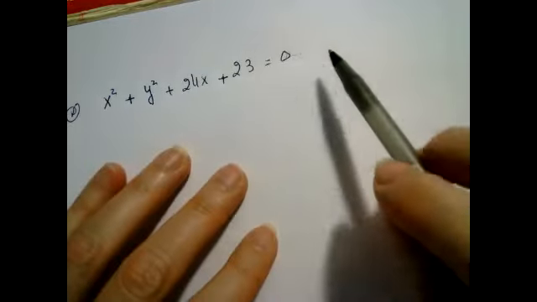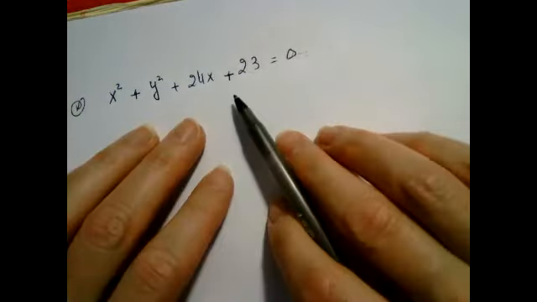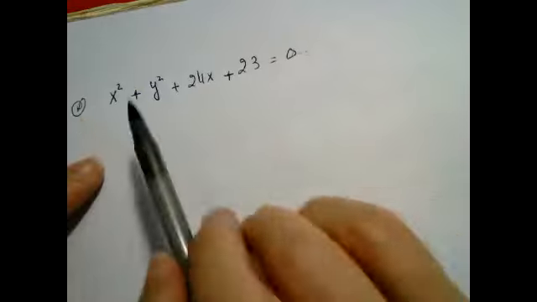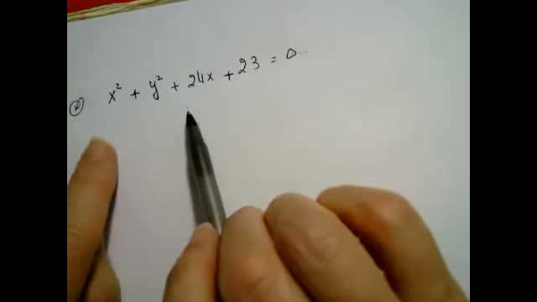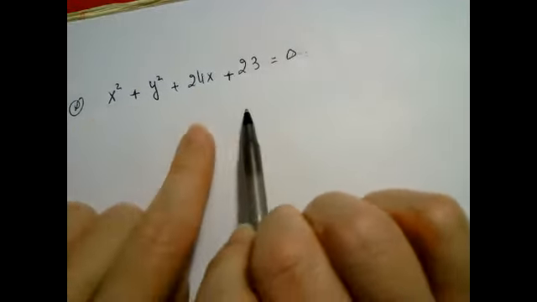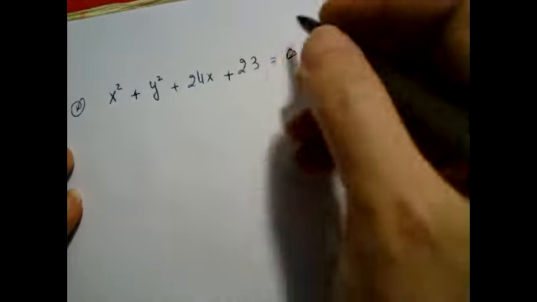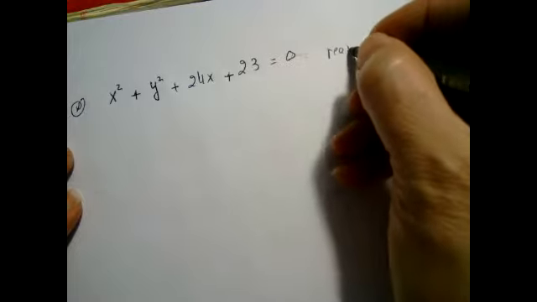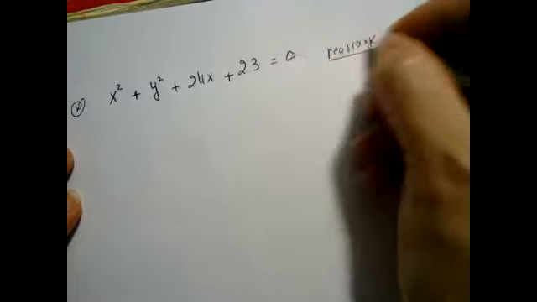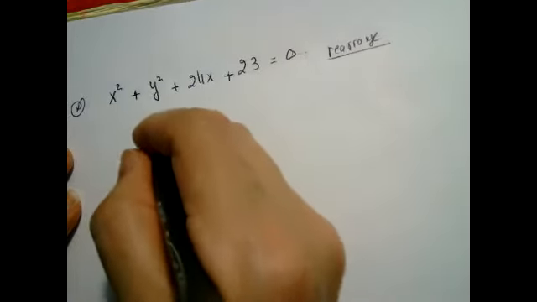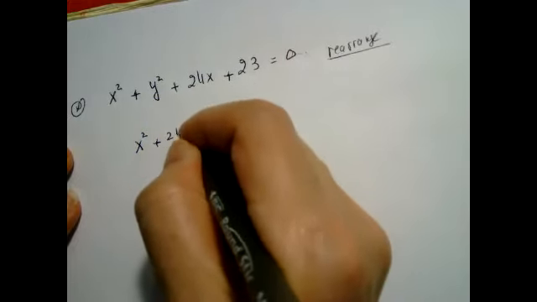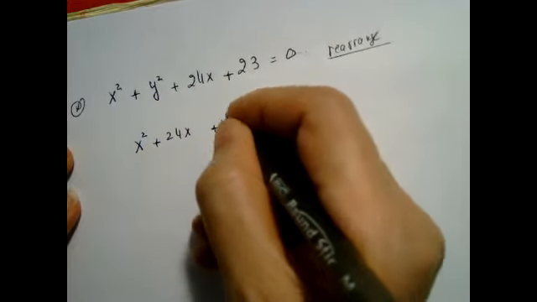Now, sometimes things are a little bit messy, so I will start this problem for you, and then you guys will finish it. First thing we have to do is put everything in x together, the y's together, and the other term, we can put on the other side. Means I'm going to rearrange. So I'll make this x squared plus 24x. I'm just rearranging.